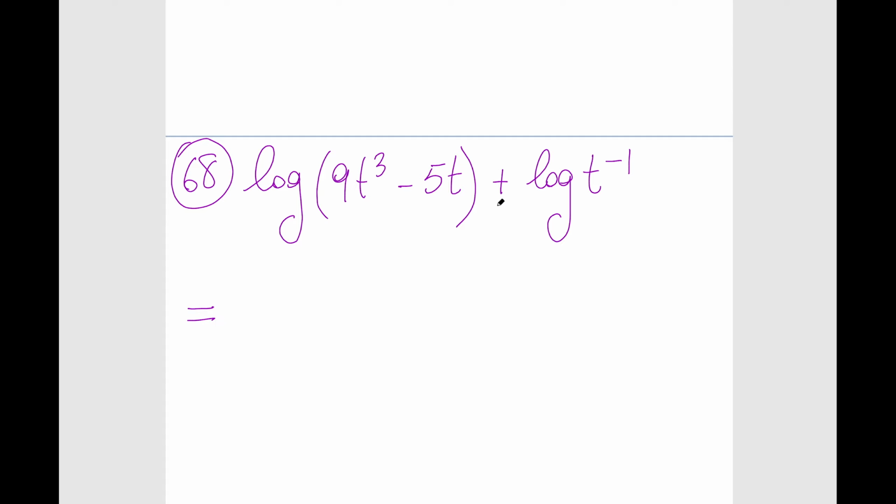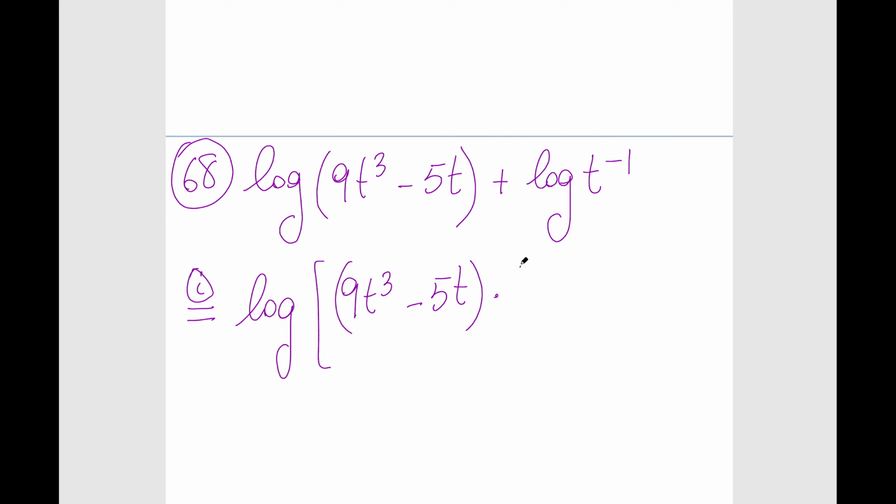This is a sum between two logs with the same base. The base is 10. So by property 1, that's the same as log base 10 of the product, 9t cubed minus 5t times t to the power negative 1. Agree?